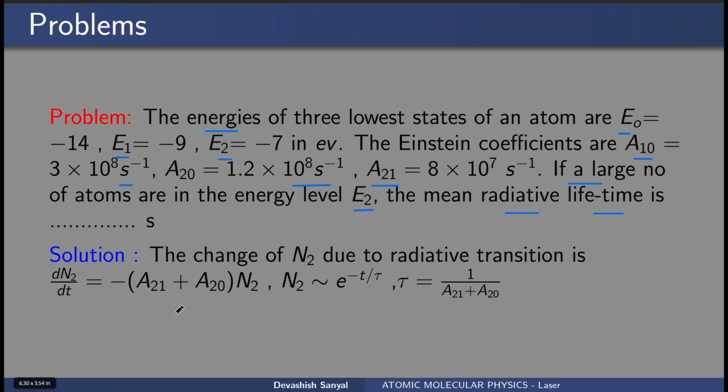So this you can easily calculate. We have three levels. This is 2, this is 1 and this is 0.